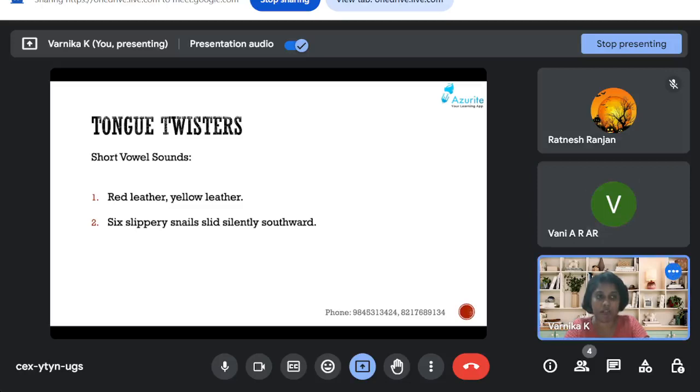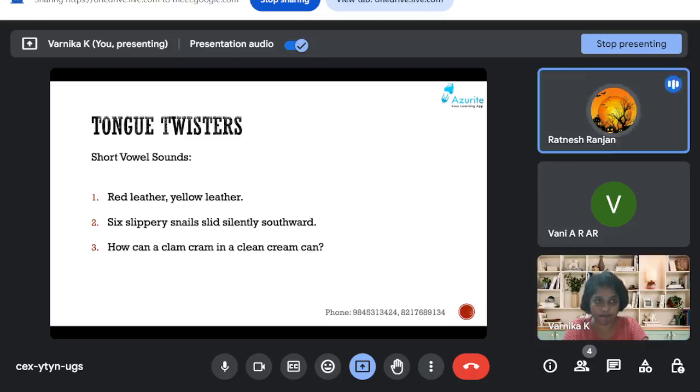Good. So, once I have all the tongue twisters on the slide, you can take a screenshot and save it. Instead of writing it down, you can do that as well. You can practice it, because at the end of the week, I'm going to ask you. I want both of you to be able to pronounce it very clearly. Okay. So yes, Ratnesh, third tongue twister, please.